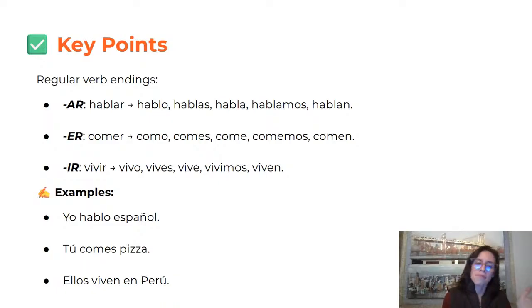We have I like Spanish, you like pizza, or they like Peru. Important. In those cases, I'm just replacing the verbs hablar, comer, vivir for the verb gustar. For you guys to see how these sentences can also be relevant for us today.